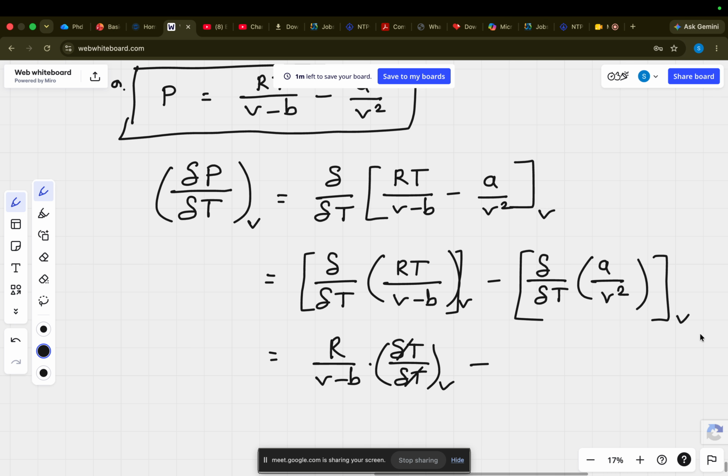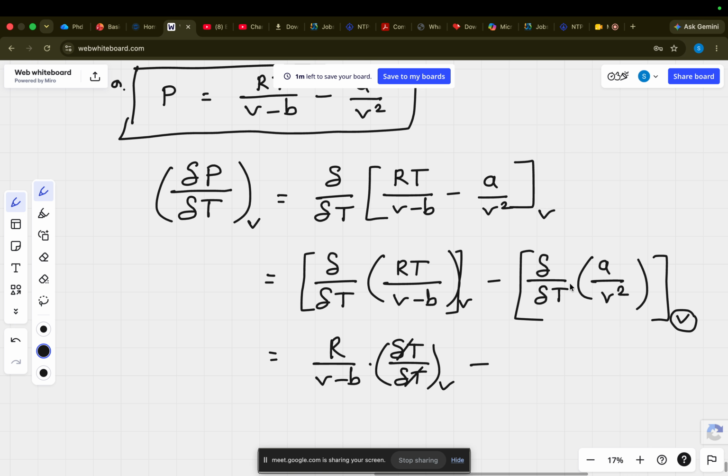Now for the second one, see, volume is constant here. A is constant. A is the van der Waals gas constant, and B is also a van der Waals gas constant. So these two things are constant. If you differentiate a constant, what will you get?